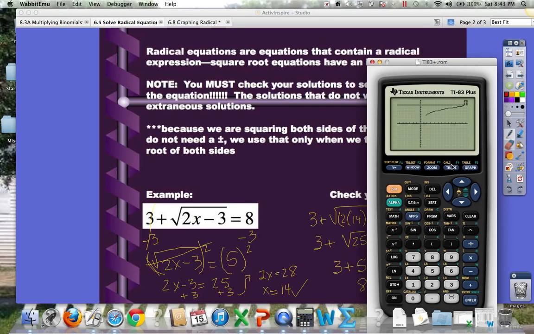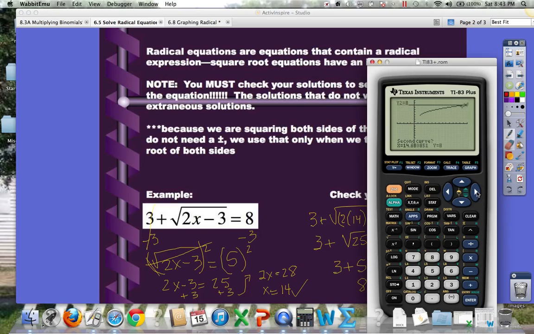The second trace, 5, and let me move him over closer, and hit enter. And then I want to be on the other side of the line.